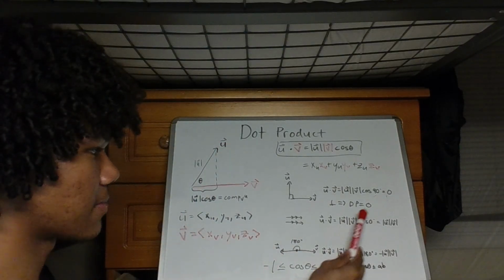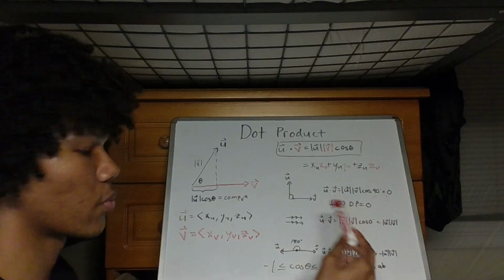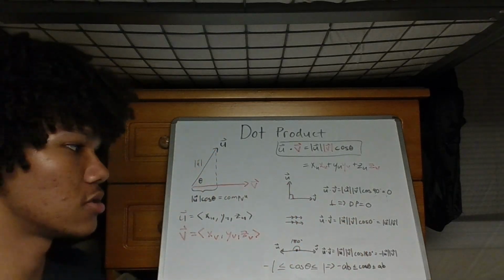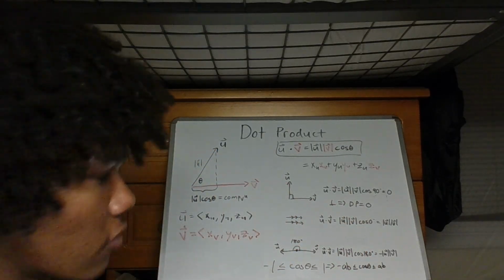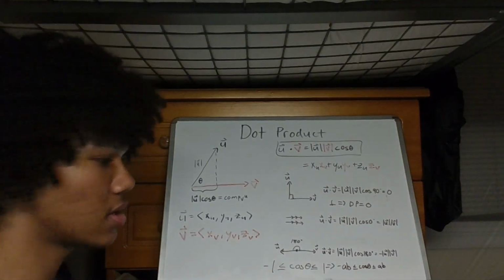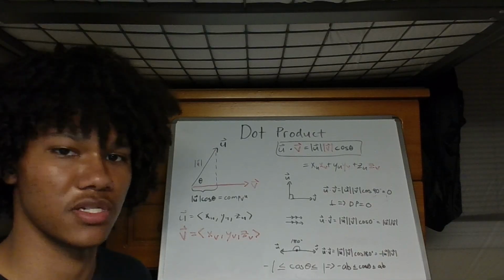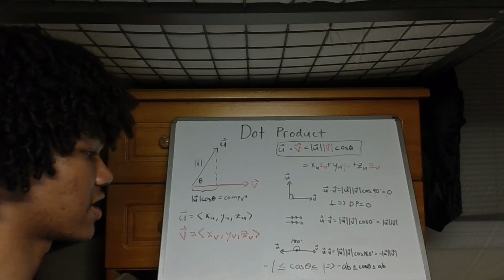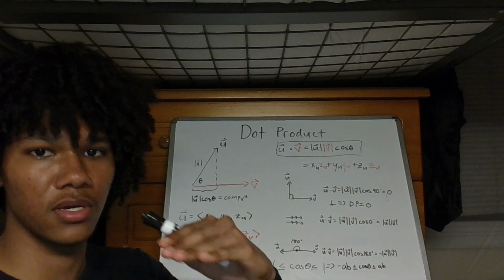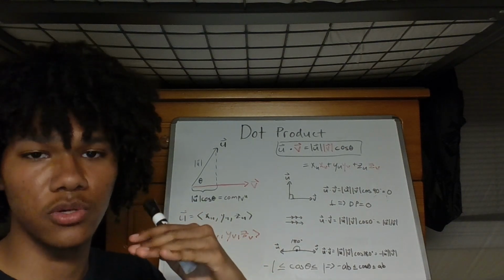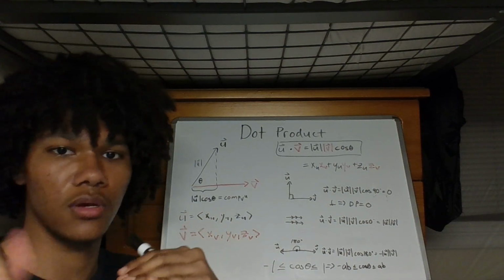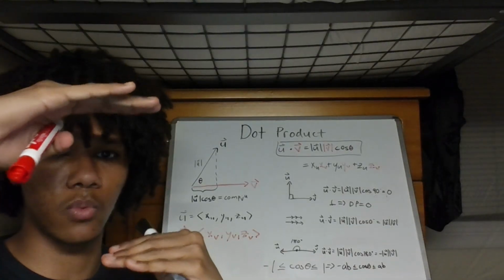Notice what the range of the dot product is. I don't know if you can see, but over here I have the inequality that comes from the nature of the cosine function itself. So we have cosine of theta is greater than or equal to -1, and less than or equal to 1.